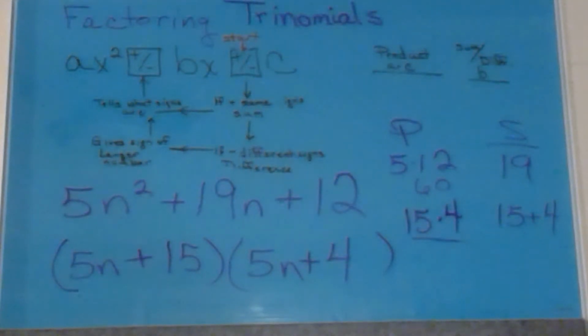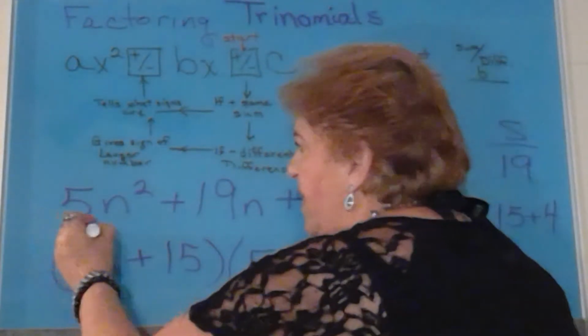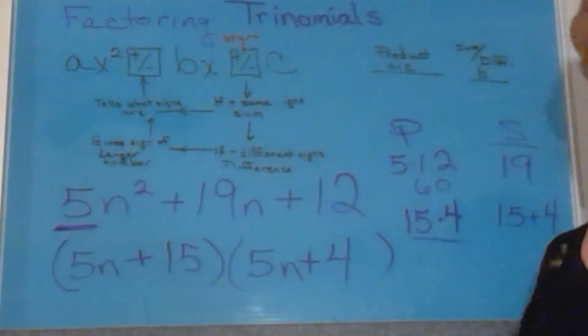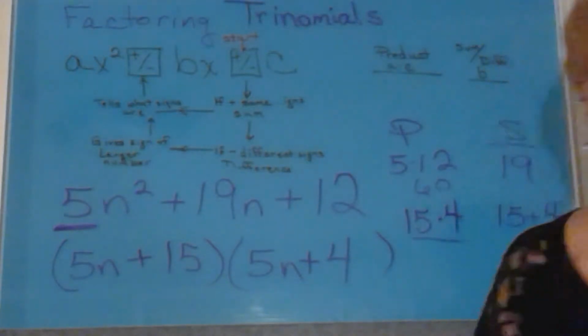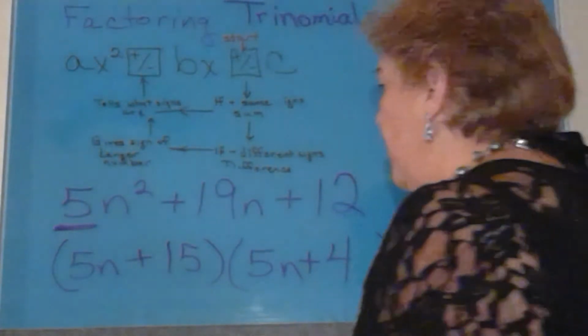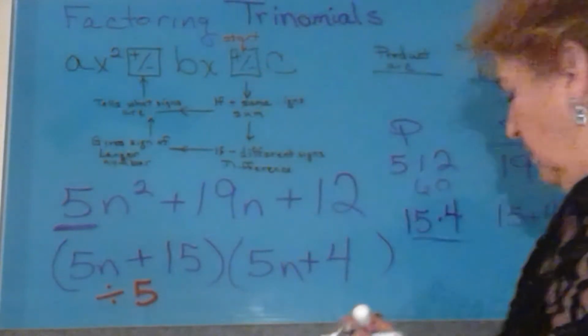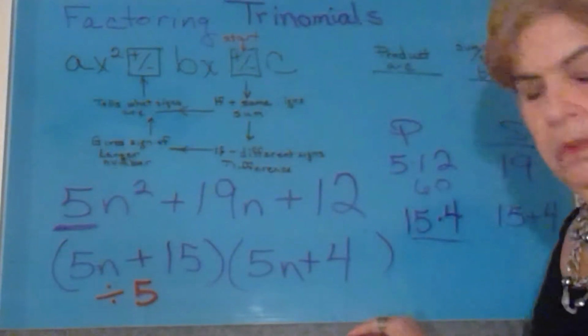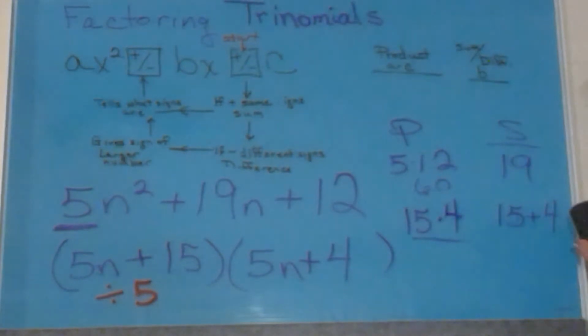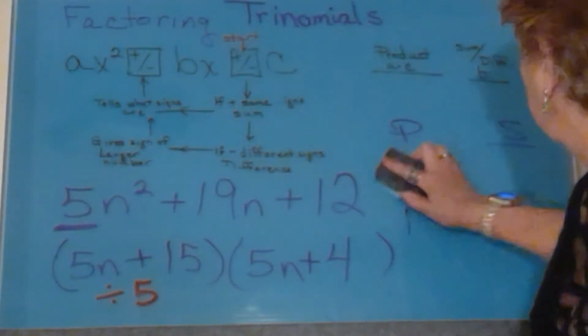Look at that and see what can I divide out. Remember, I have to divide out a factor of 5 somewhere. Well, I can divide a 5 out of this factor. And since I don't need this over here anymore, we'll get rid of that.